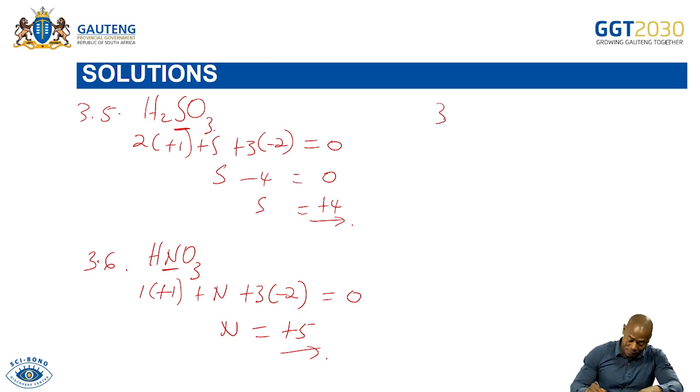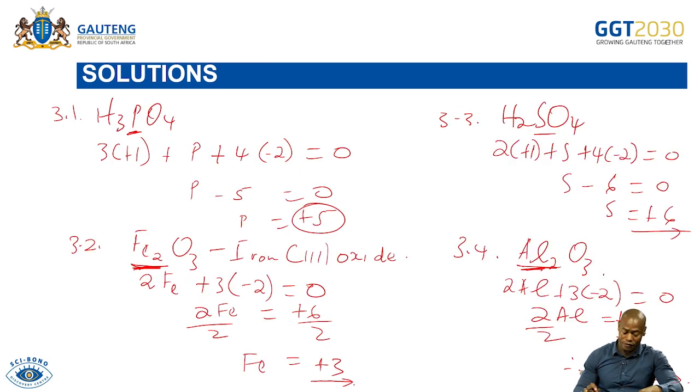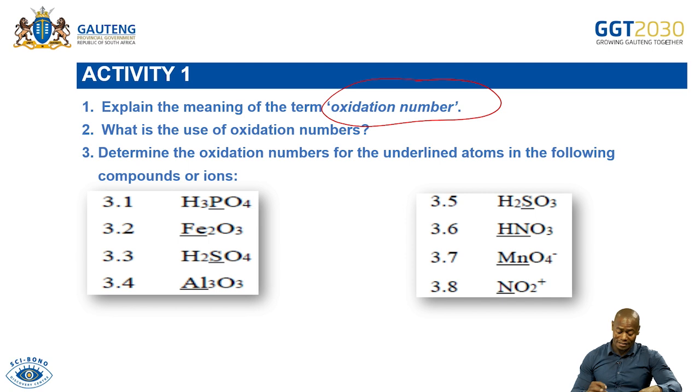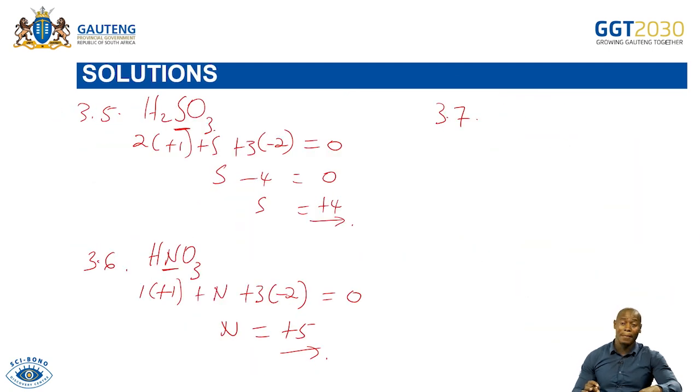Then 3.7. So for 3.7, you are given the manganese, let me just confirm. You are given the manganese ion. Not manganese, but permanganate ion. Sorry about that. So they are looking for the oxidation number of manganese in permanganate ion, right?